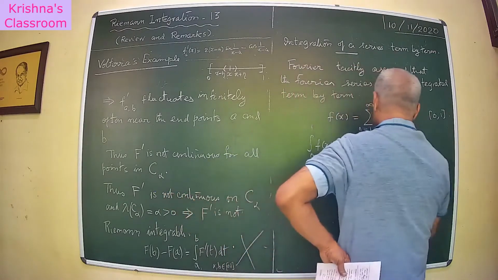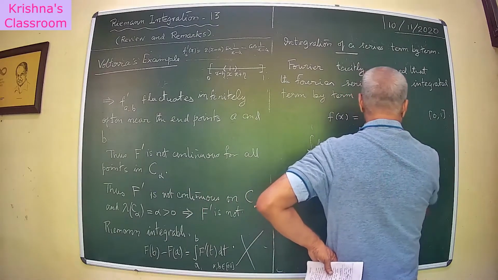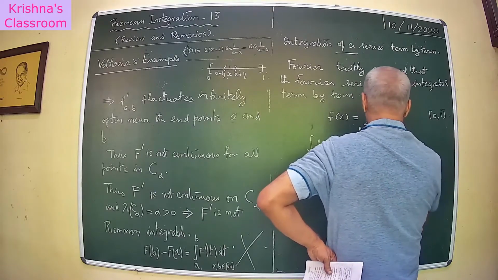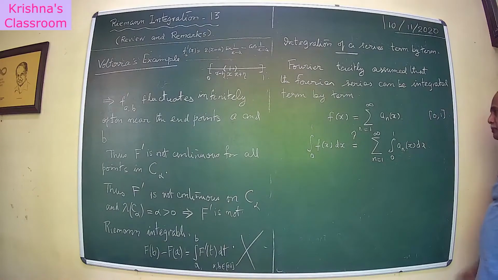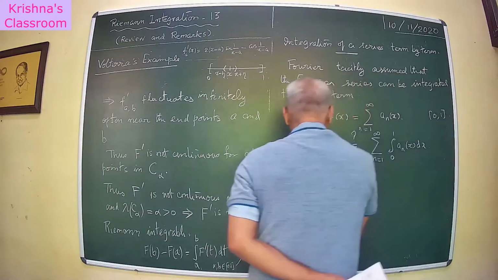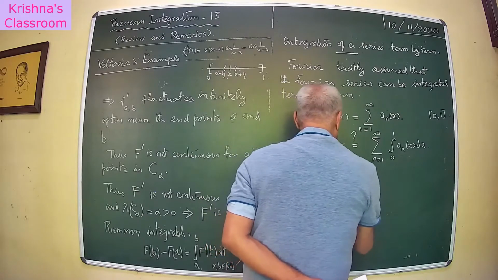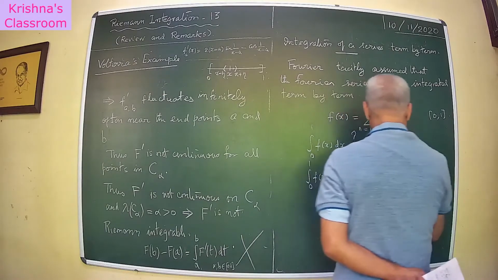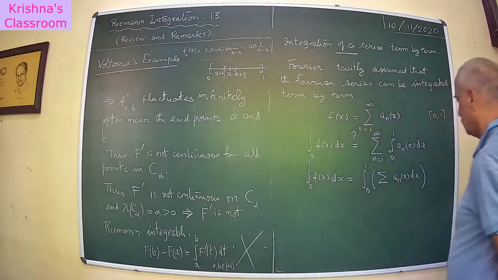The integral from 0 to 1 of f(x) dx equals the integral from 0 to 1 of the sum.